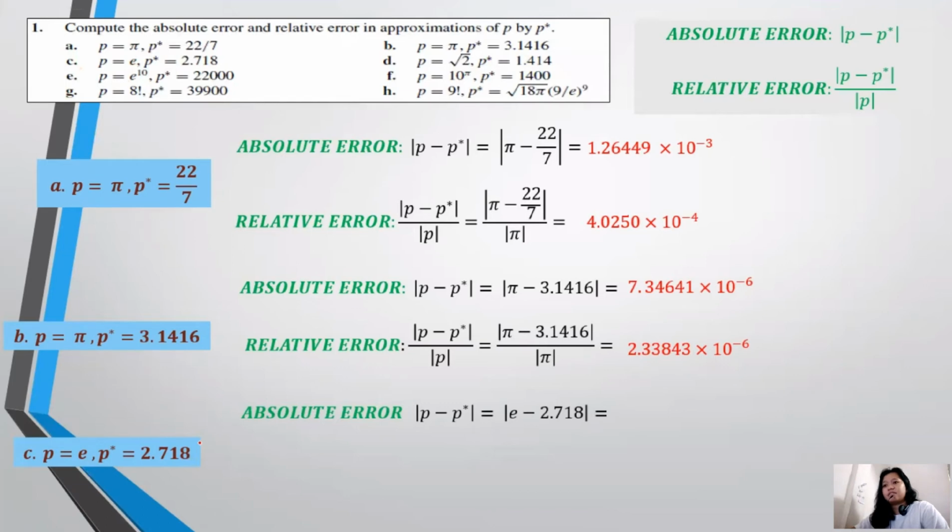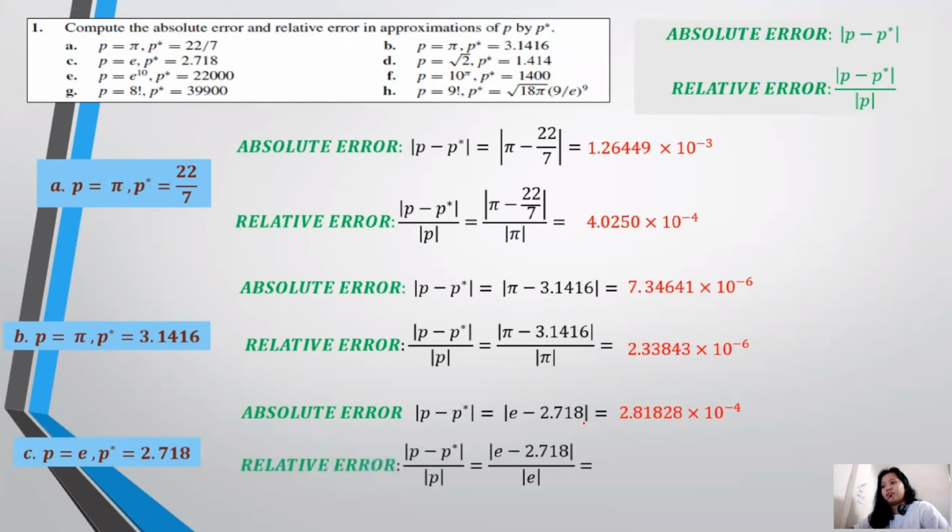So substitute. Our p here is e minus our p* is 2.718. So we will get the answer of 2.81828 times 10 to the power of negative 4.